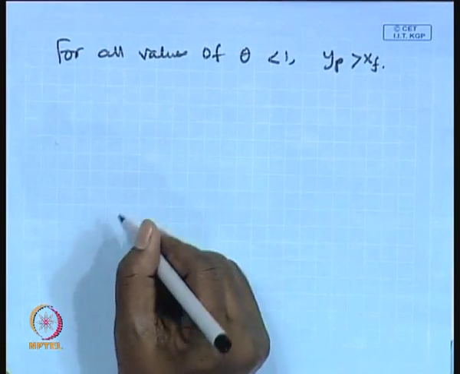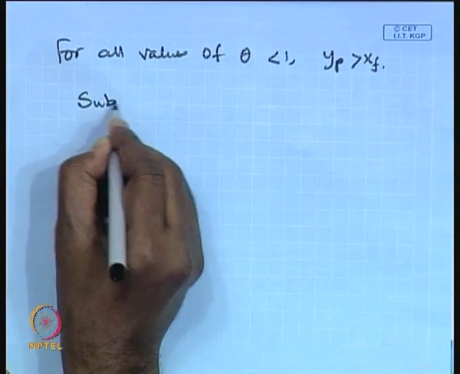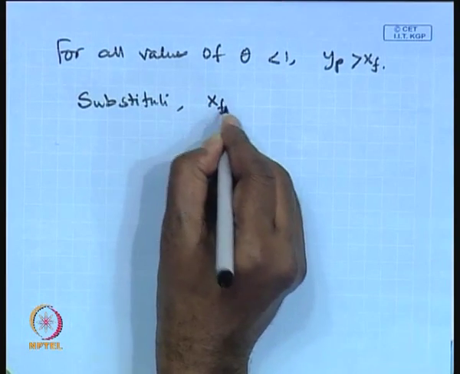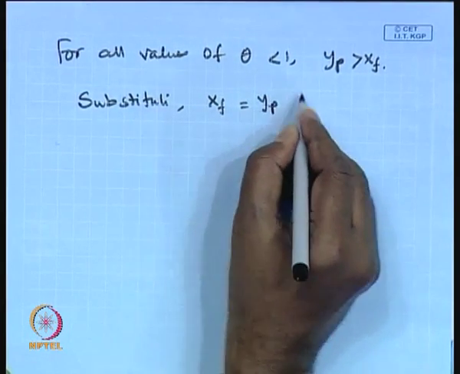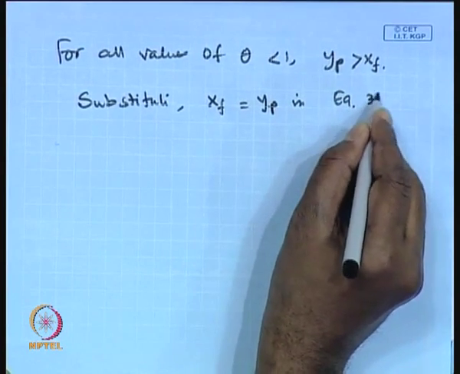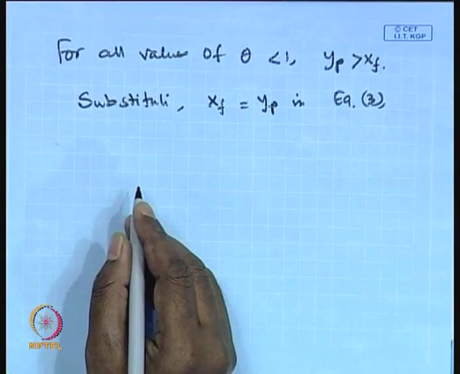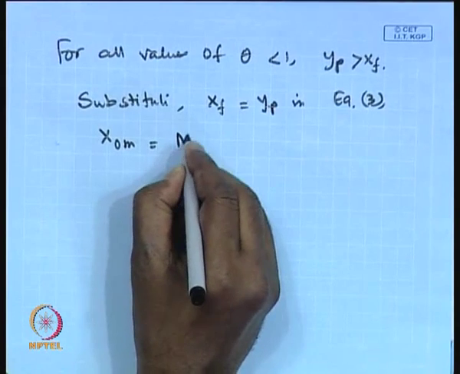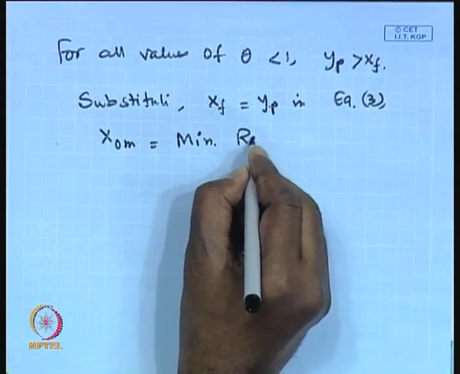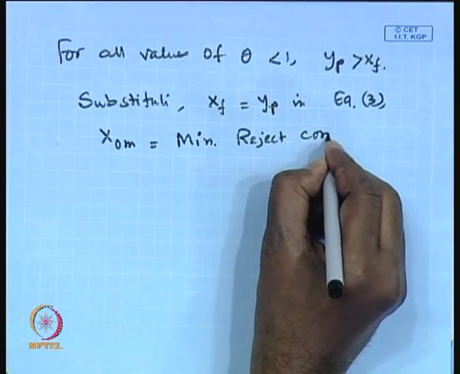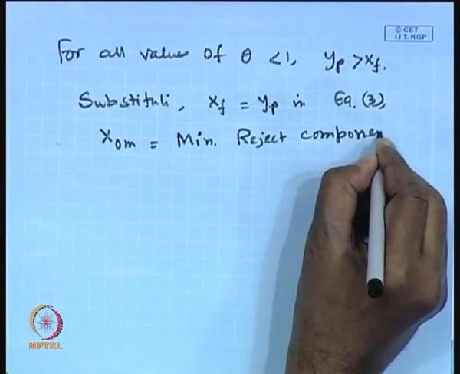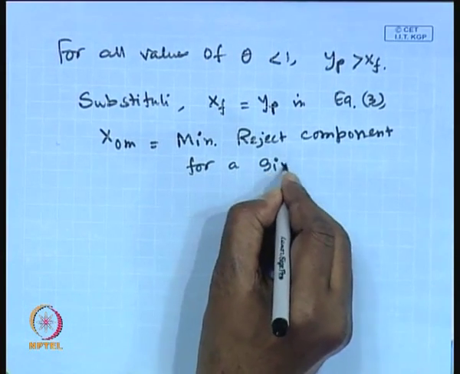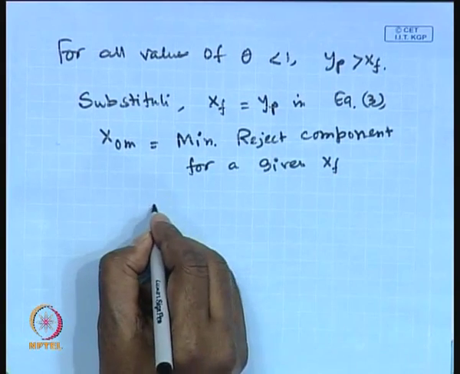Okay. So, we substitute xf equal to Yp in equation number 3, and you will get the minimum reject component, XOM. This is the minimum mole fraction of the reject component for a given xf.